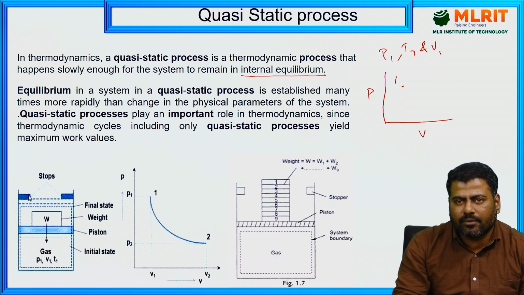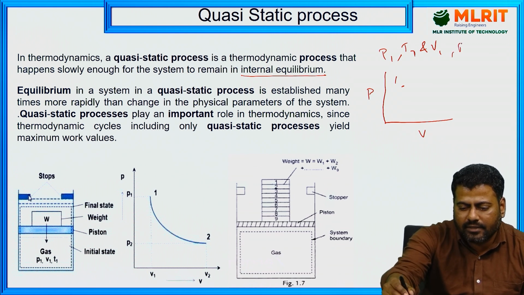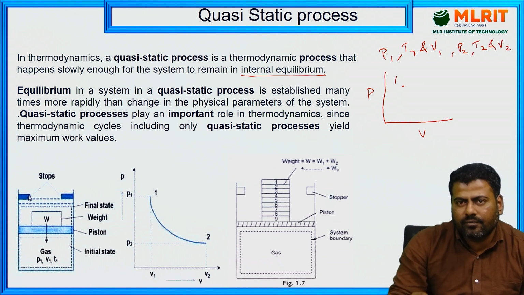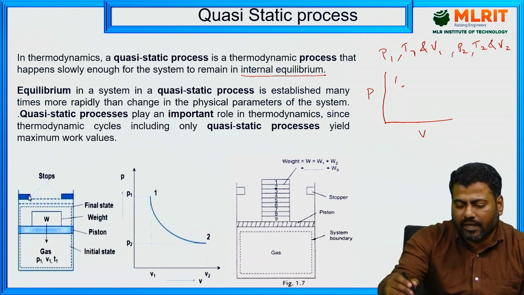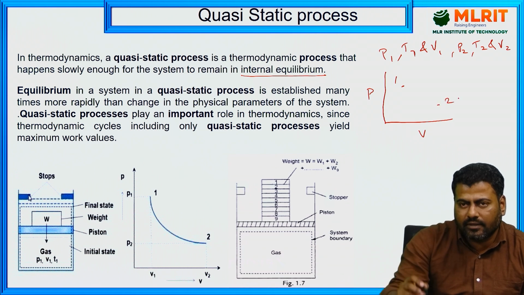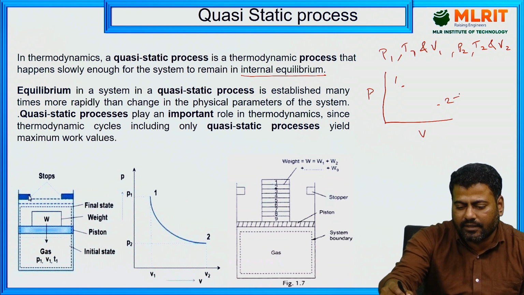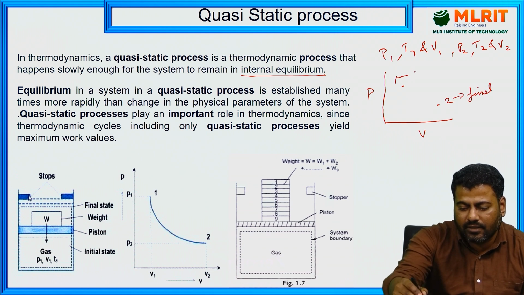After completing the process, the system attains the coordinates P2, T2 and V2. In the PV diagram, I can mark the coordinate 2 here. That is state 2, your final state, and state 1 is the initial state.